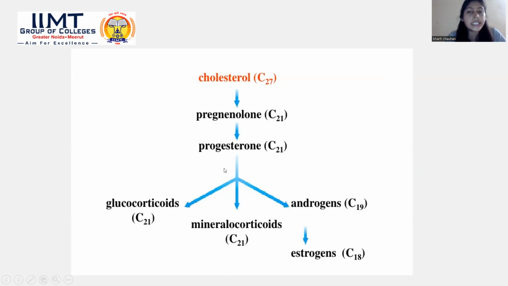Next, it is converted to glucocorticoids, which is cortisol. And progesterone is also converted into mineralocorticoids, which we know as aldosterone, with the help of the enzymes hydroxylase and dehydrogenase. Lastly, progesterone is converted to testosterone, and after aromatization, it is converted to estradiol.